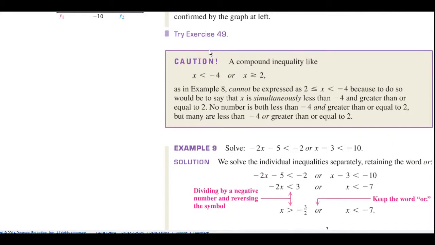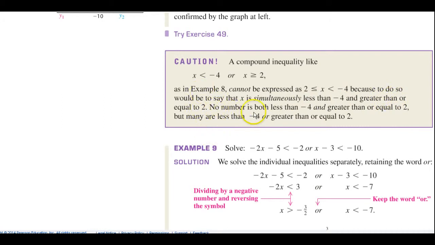Now here they're giving us a caution here. Let's take a look at this. A compound inequality like x is less than -4 or x is greater or equal to 2 cannot be expressed this way, because to do so would be to say that x is simultaneously less than -4 and greater than or equal to 2.